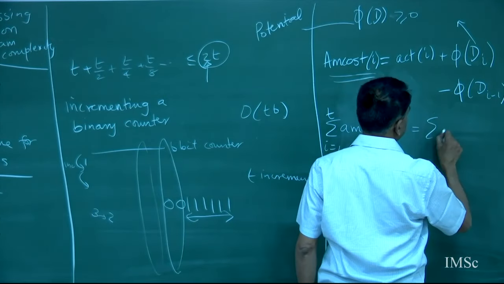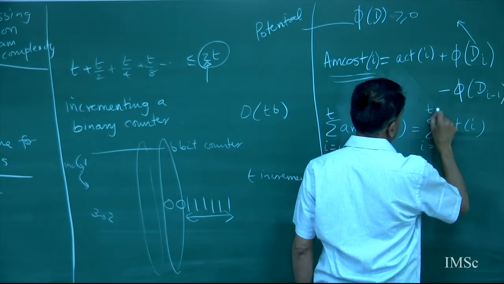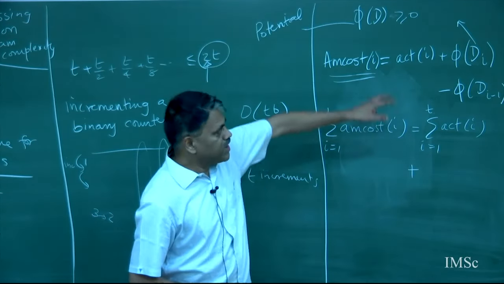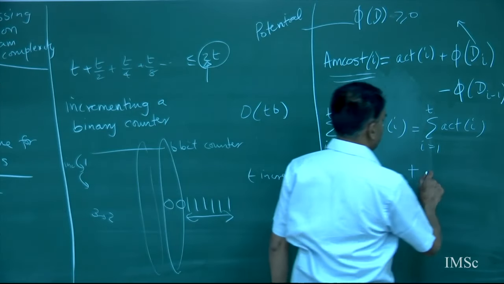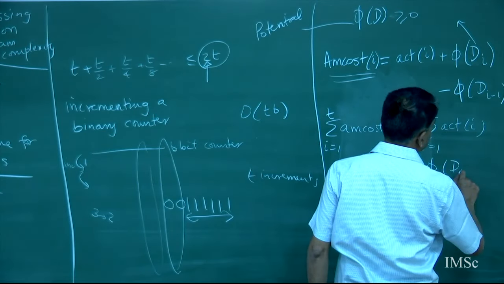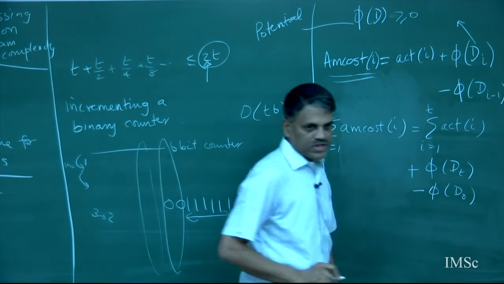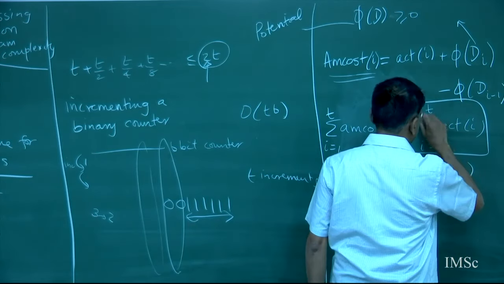This is the summation of actual cost plus, because there is a cancellation happening, the final potential minus the initial potential.